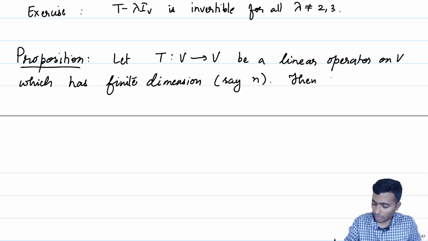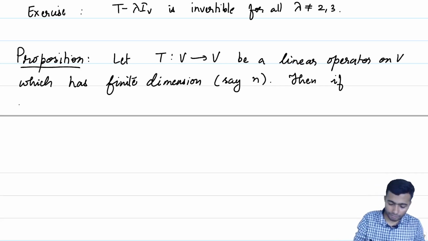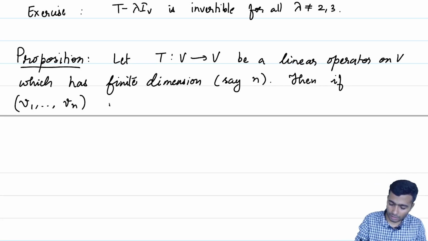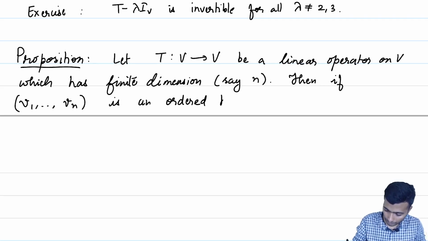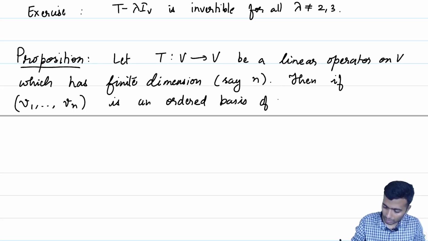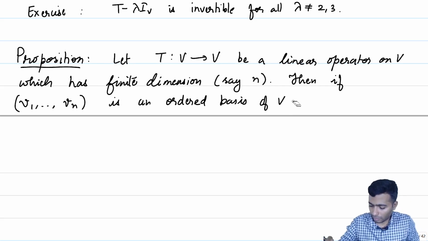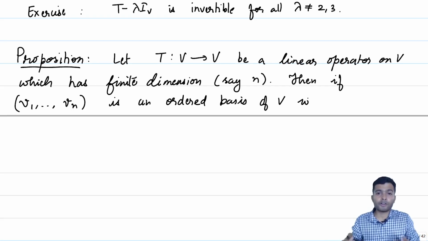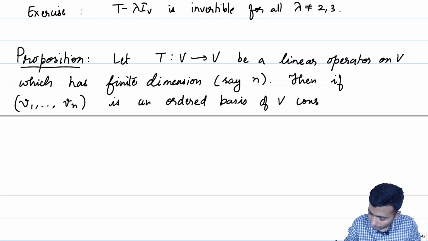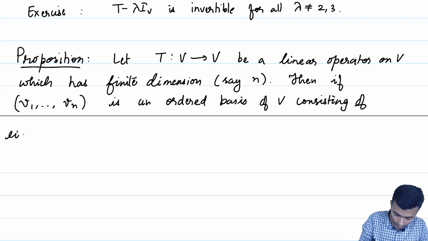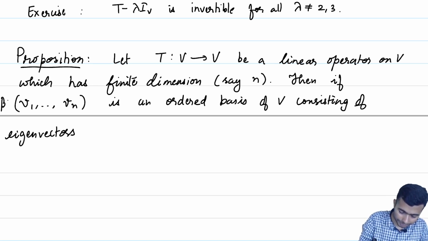Then if V1 to Vn is an ordered basis of V consisting of eigenvectors of T, so let us call it beta.